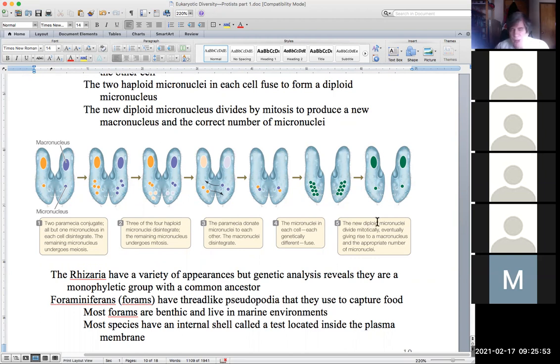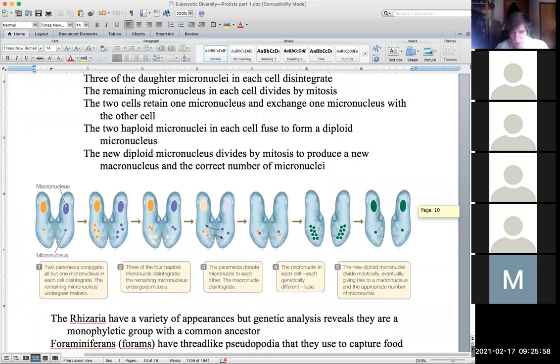Notice they're not generally separated that widely when we look at an actual paramecium. That's more for convenience. If we look at what happens, remember we said there's more than one micronucleus in a cell. All of the micronuclei, except one of them, deteriorate. They fall apart. The materials in them are absorbed into the cytoplasm and can be used for building other materials.